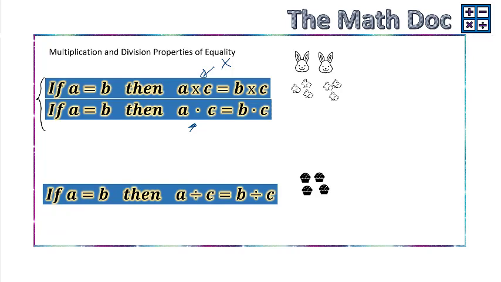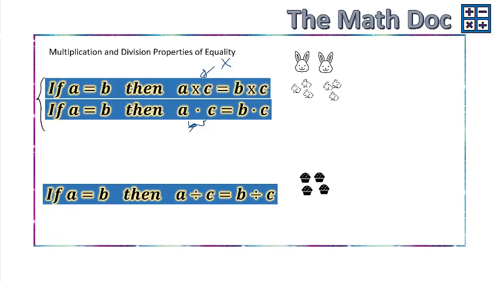And we should be getting used to using the dot more and more, because when we work with variables, we often use the variable x, and then it can get a little bit confusing when we have both multiplication and x. So I will try throughout this video to use this multiplication symbol, the dot, but I will try to remind you as we go along that that's what we're doing, in case this is new.